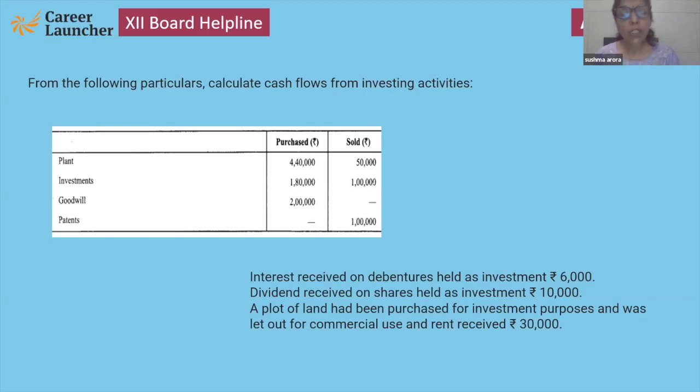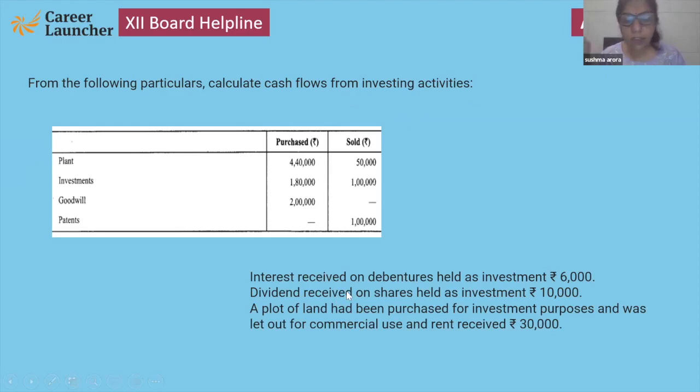Plant of 4 lakh 40,000 is purchased, 50,000 is sold. Investment 1,80,000 purchased, 1 lakh is sold. Goodwill 2 lakh purchased, patent 1 lakh sold. Now they want us to calculate flow from investing activity.